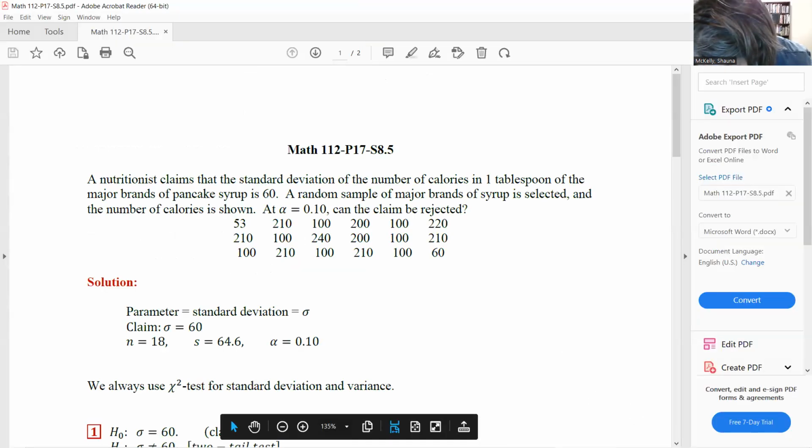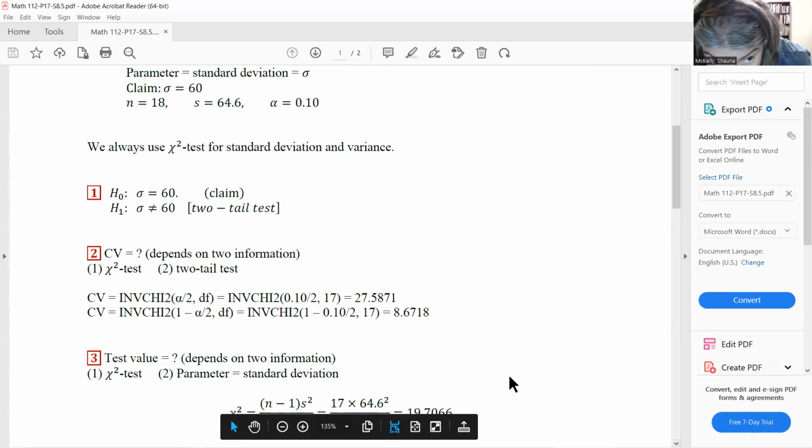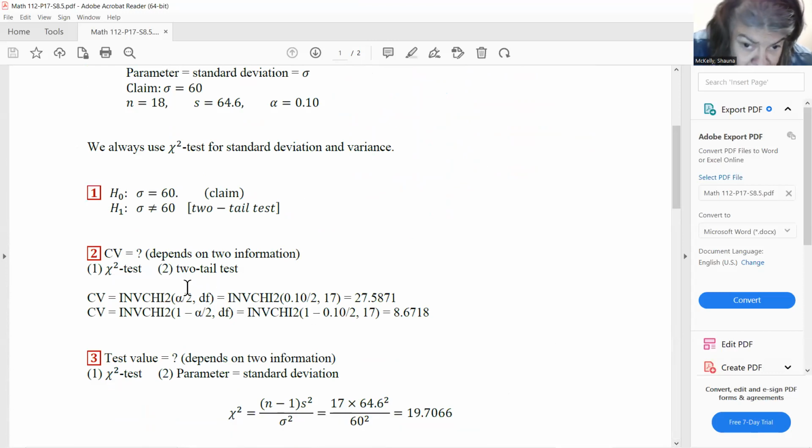I'm going to scroll down. And if you remember, we use our inverse chi program for that. We divide our alpha in half. So we get alpha over 2 in df, and we get 1 minus alpha over 2 in df.